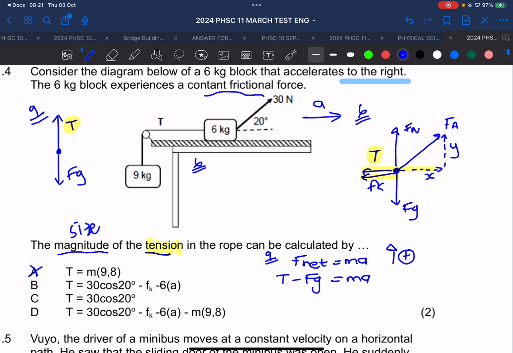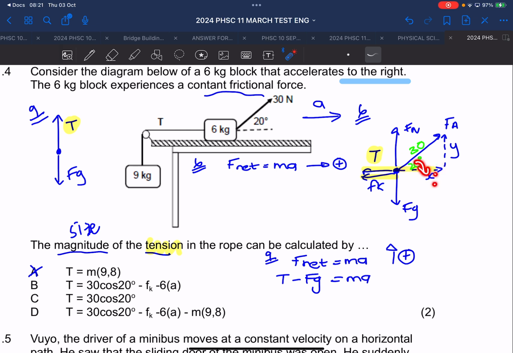For the 6 kilogram block, F net is equal to m times a. And it's accelerating to the right, so I choose to the right to be positive. So I have here the x component. How do I calculate the x component? Well, this is 20, this is 30, so it is adjacent, so it's the cos.